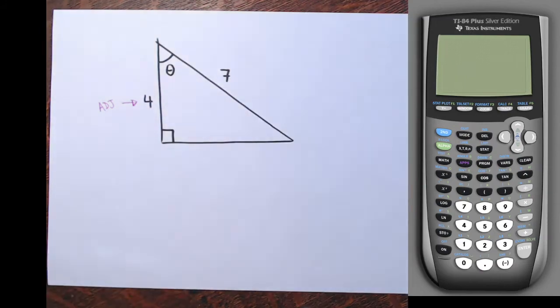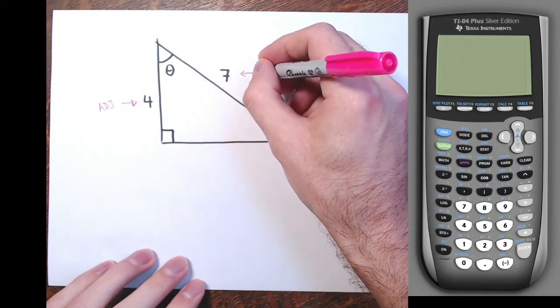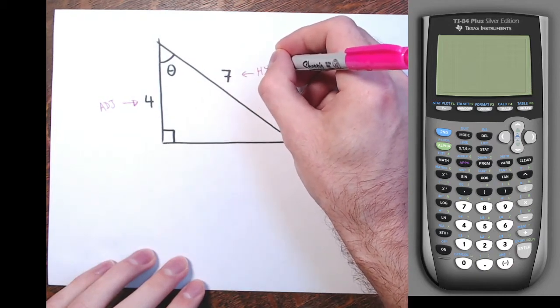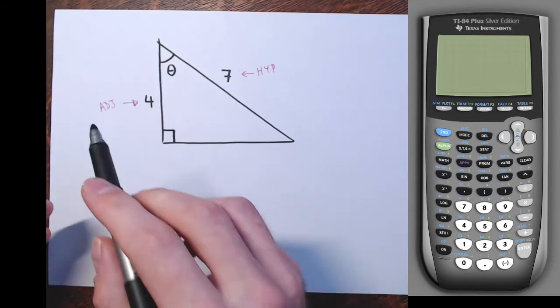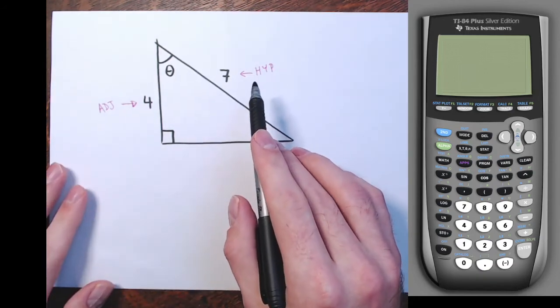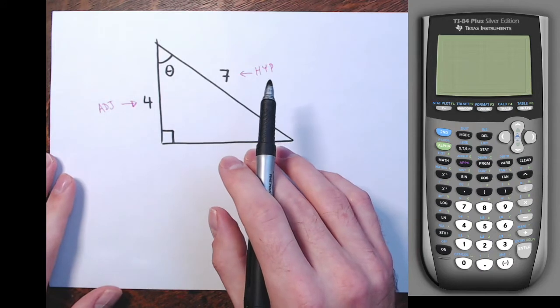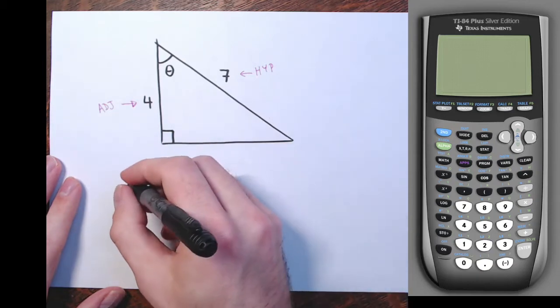Remember the side opposite the 90-degree angle is the hypotenuse. So now when we think, I want to find this angle theta, I know the adjacent length, I know the hypotenuse, which of those trigonometric ratios involve the adjacent length and the hypotenuse, and that was the cosine.